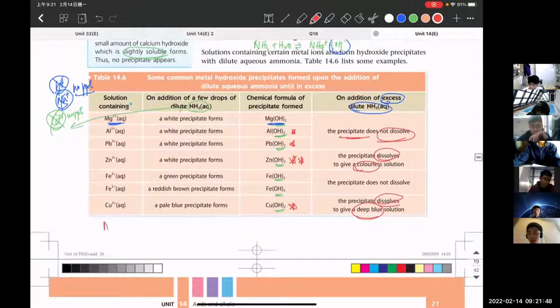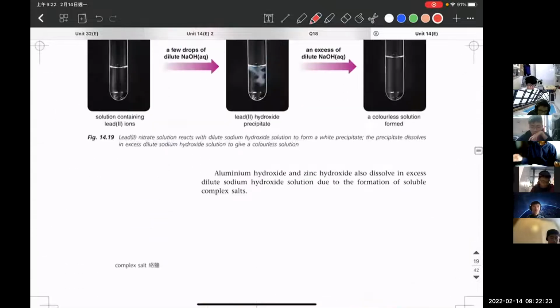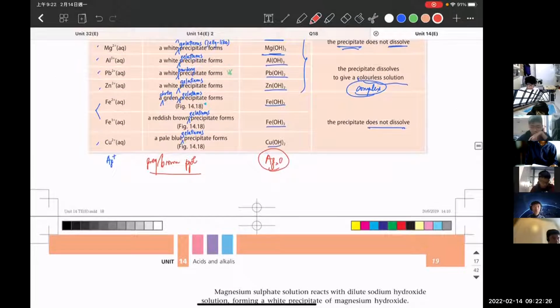Okay, one more missing. Mr. Shin, how about silver ion? How about in alkali? How about in alkaline? There are two types of alkaline.